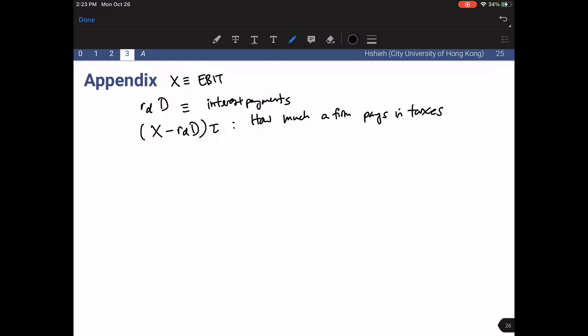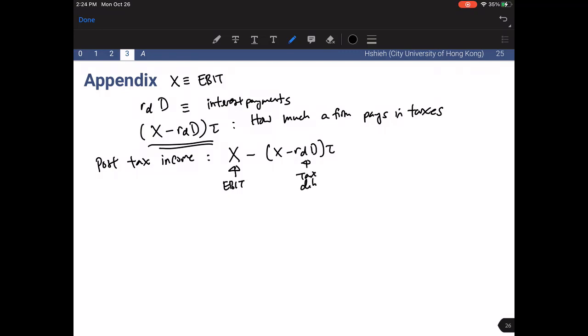So our post-tax income, if we choose to incorporate tax deductions in our definition of free cash flow, would be X minus this expression here. That would be X minus RD times D times tau. To emphasize, this is EBIT, and this is the tax deduction, and this entire expression here is tax owed.